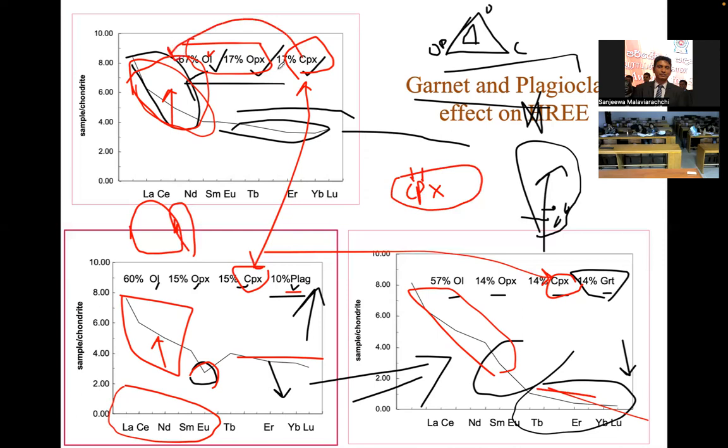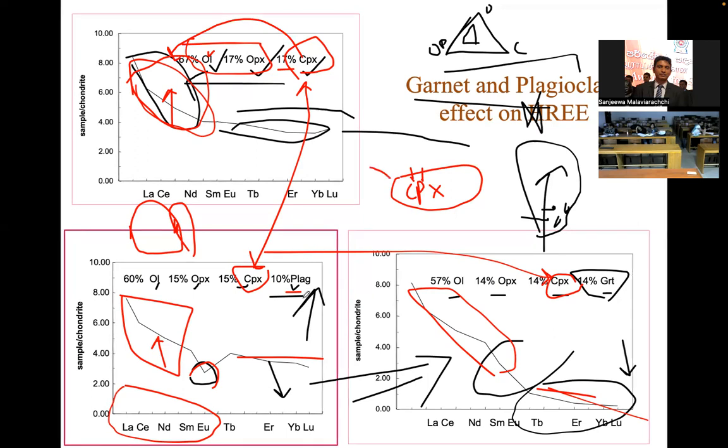Here you see 17%. 17% CPX means a large content for the mantle rocks, right? I mean, above 12 or above 15% in general. If you have that in a mantle rock, that will show you a characteristic feature relevant to that particular phase.